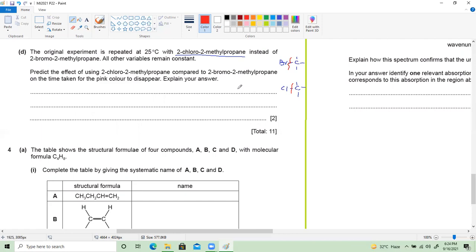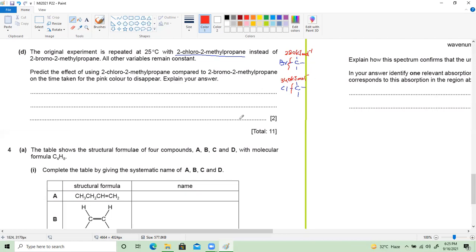The carbon to bromine bond energy is 280 kilojoules per mole, and carbon to chlorine is 340. Carbon to chlorine is a stronger bond. It's 340 kilojoules per mole. So what should happen? This reaction with the chlorine should be a slower one. It should take more time for the pink color to disappear.